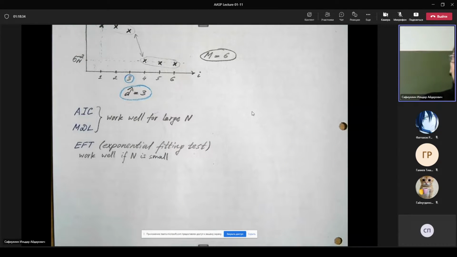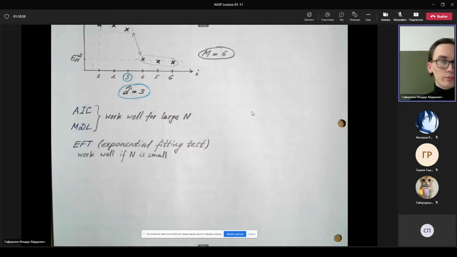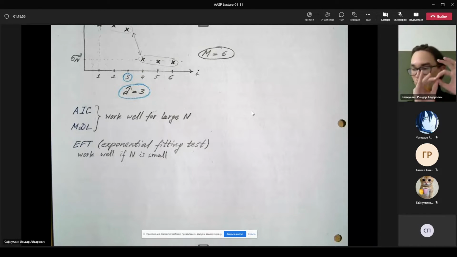And the main idea is given in the name of this algorithm, exponential fitting test. In this algorithm, if I'm not mistaken, they assume the noise as Gaussian noise, and in this case, it will look like an exponential thing.